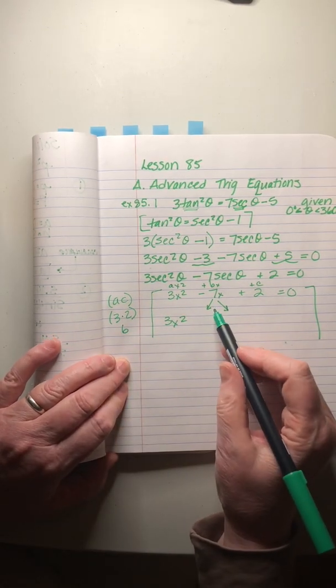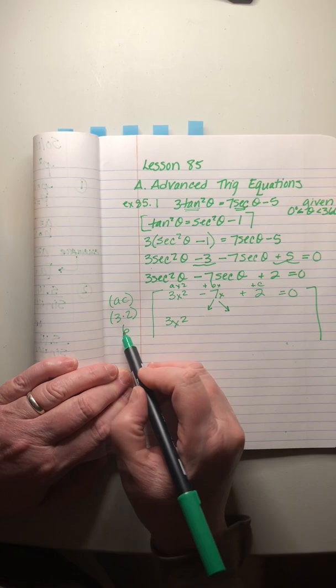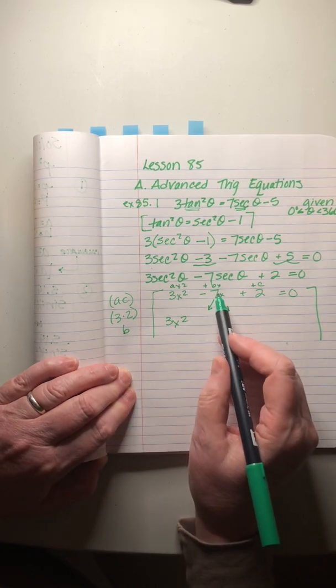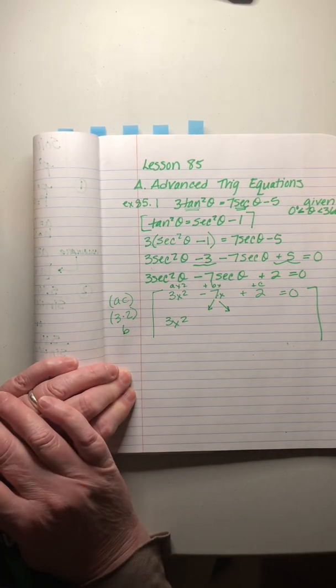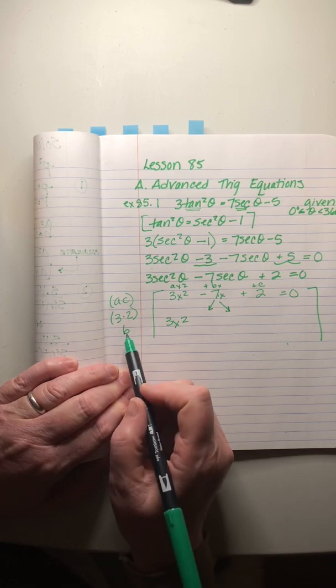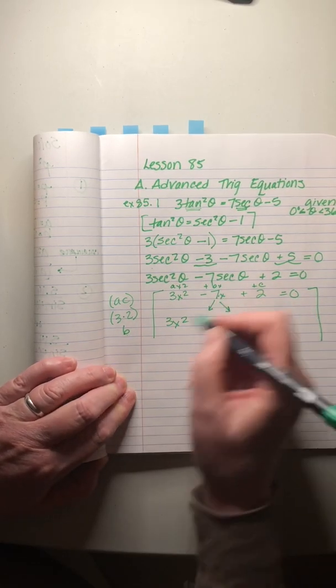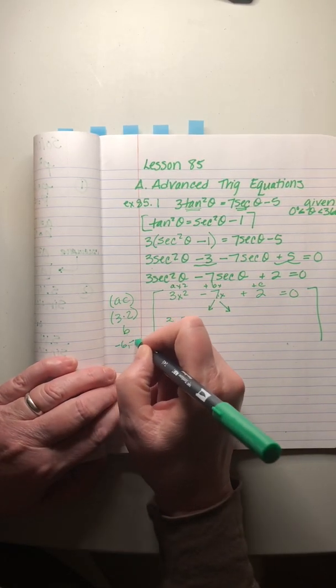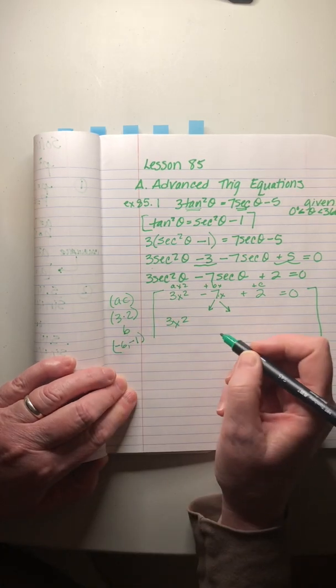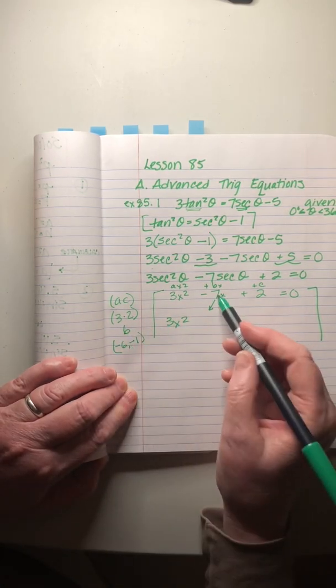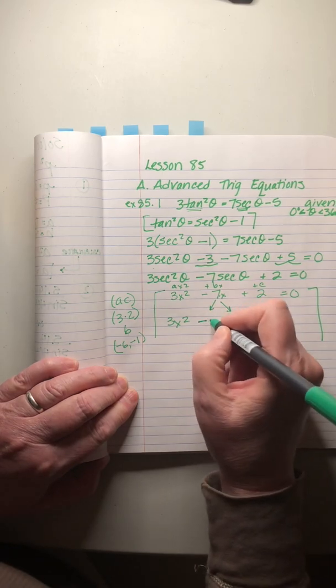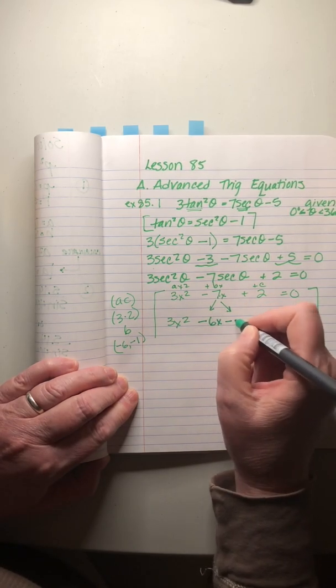Now we're looking for a number that multiplies to this and adds to that. Okay, so what two factors multiply to 6 but add to that? Well, it would be minus 6 and minus 1, right? They multiply to positive 6 and they add to minus 7. So we're going to rewrite this in here.